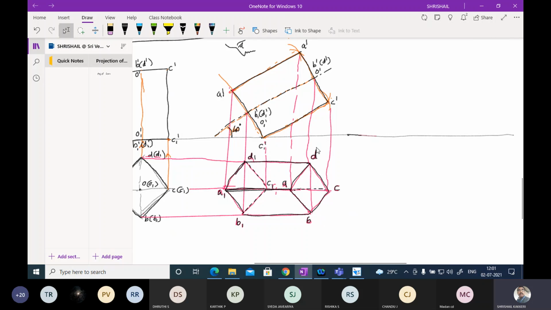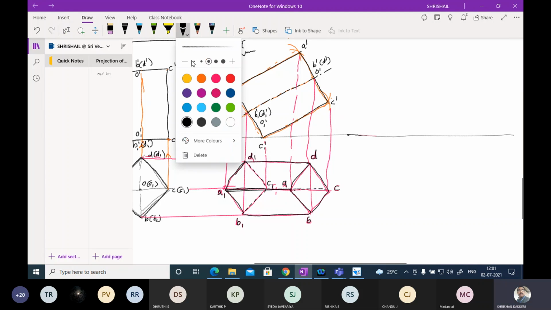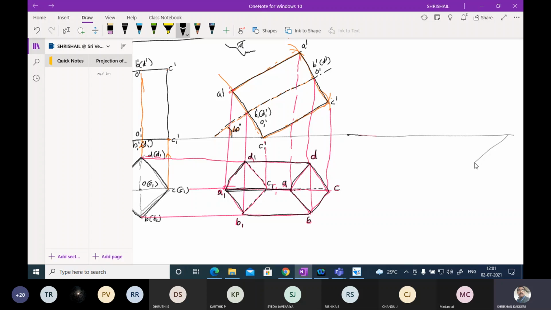Now next, let me draw a thin line, make a marking here, take a line at an angle of 45 degree. Please locate the point C here. Anywhere, you can keep anywhere.